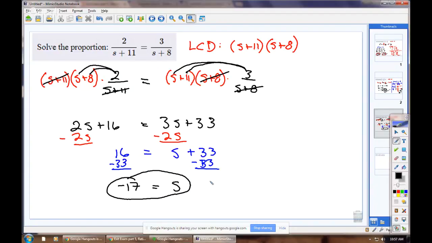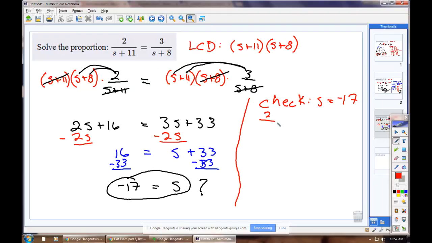And so now we have to check. So we're going to check, oops, see if s equals negative 17.